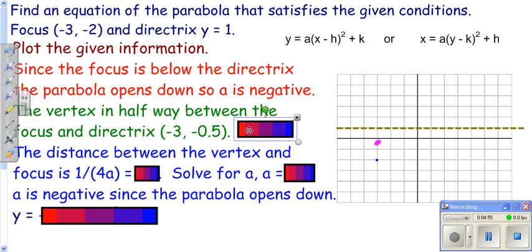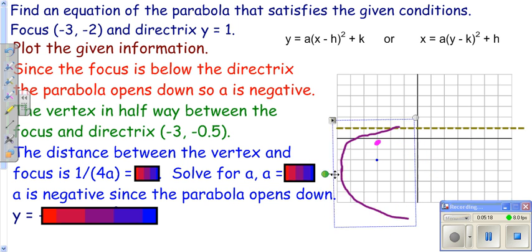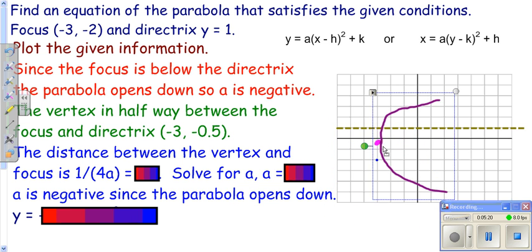Now, question is, do we open up, down, left, or right? Well, when you're dealing with your parabola, it always curves around your focus and never crosses your directrix. So if we would go ahead and say, well, would it open right?